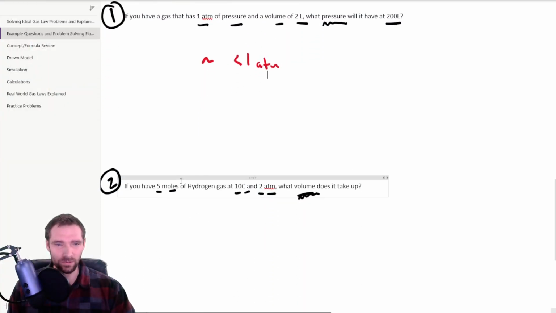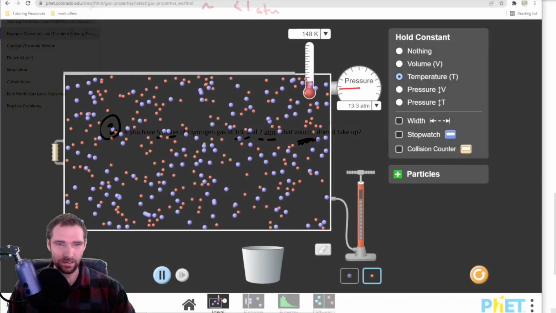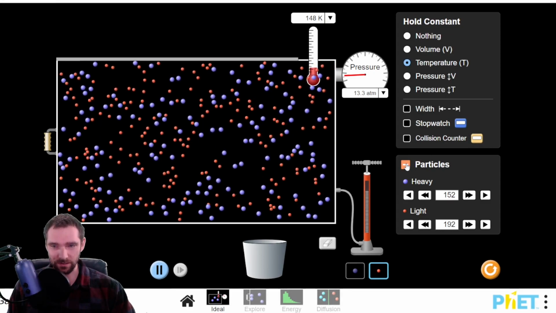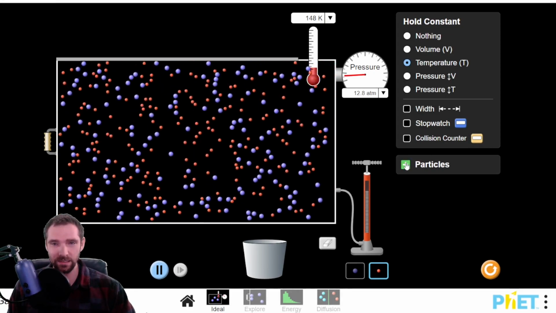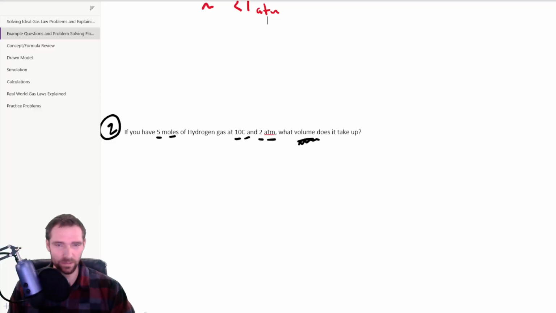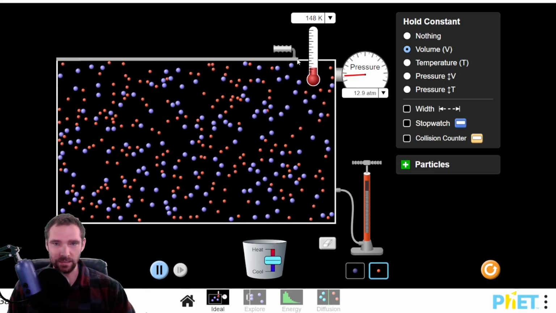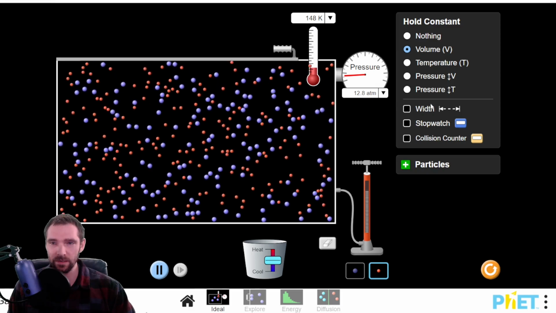Then also, if we're looking at this situation, this is basically saying, okay, you know the number of particles exactly. You know the pressure, you know the temperature, and I want to know the volume. So we should be able to solve for the volume, whatever that size is.